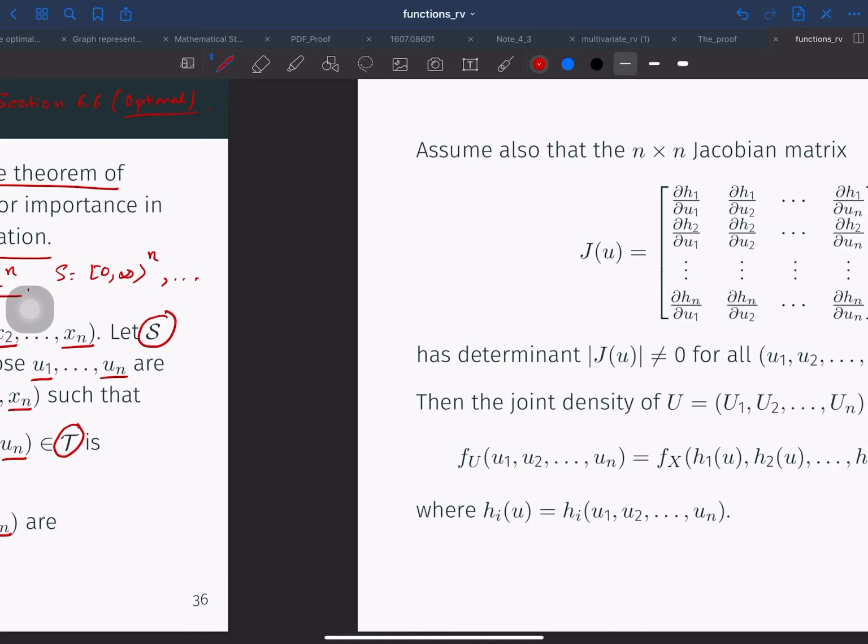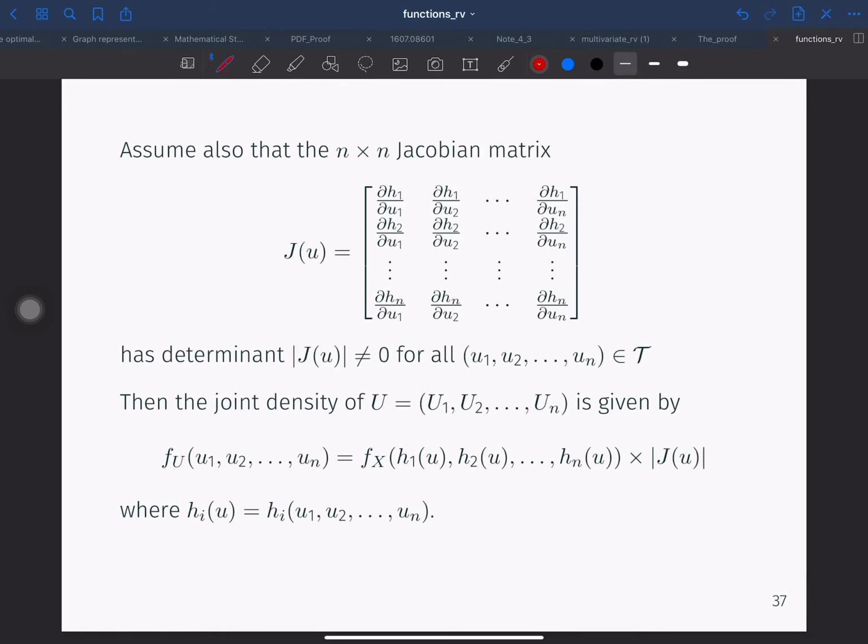And then finally, you can construct this n by n Jacobian matrix, where the ij entry of this matrix is the partial derivative of the ith inverse function hi with respect to the jth variable of the u.